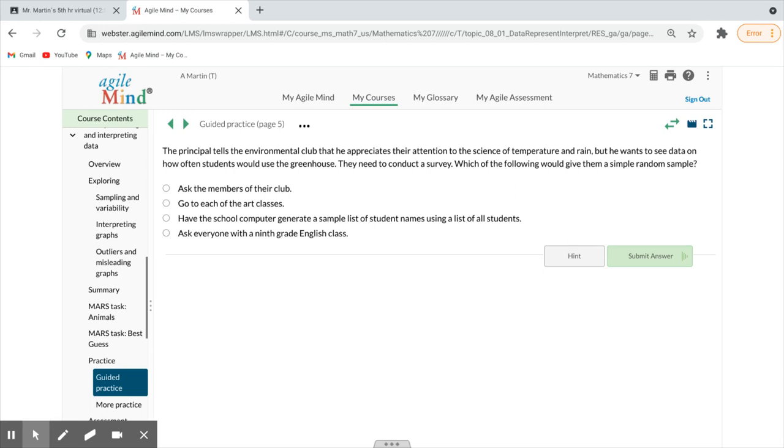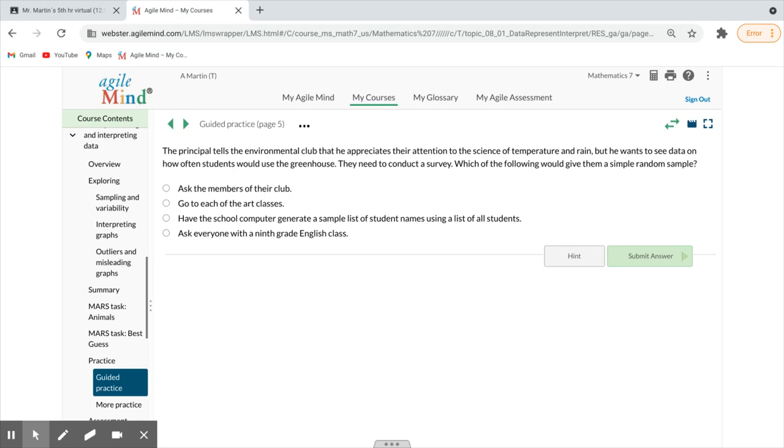All right. So is a simple random sample something that only refers to our classroom, or is that talking about everyone? A random sample of the entire population. Correct. And since that's the case, what do we need to do?